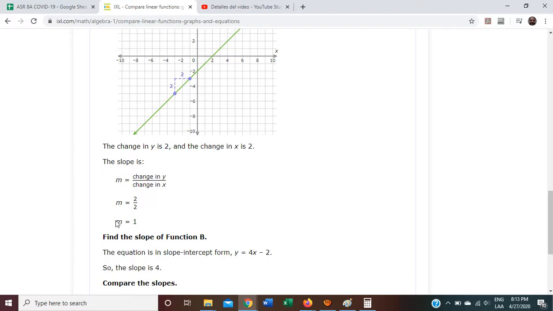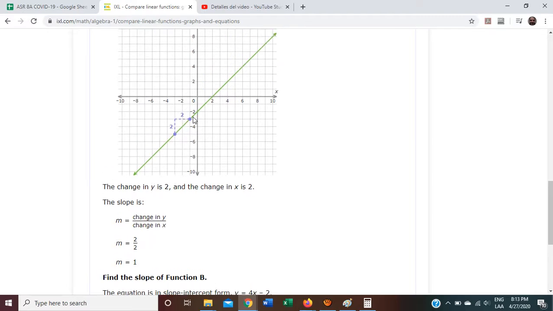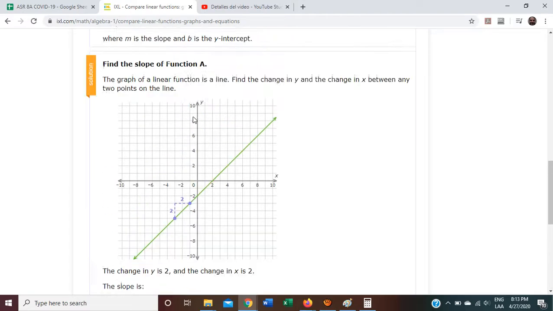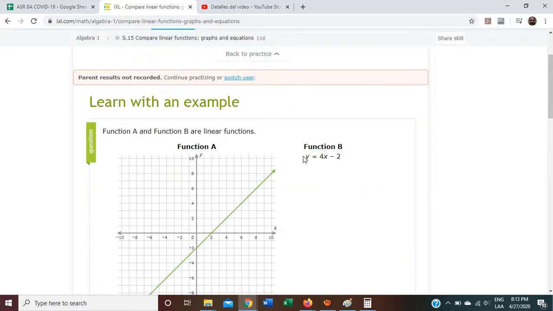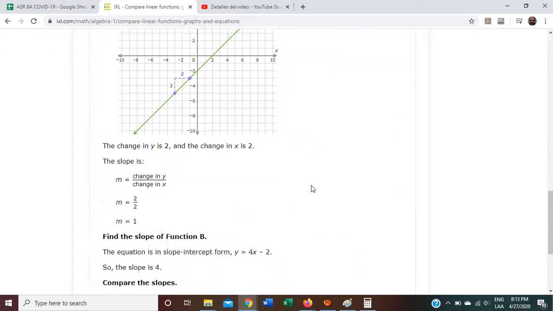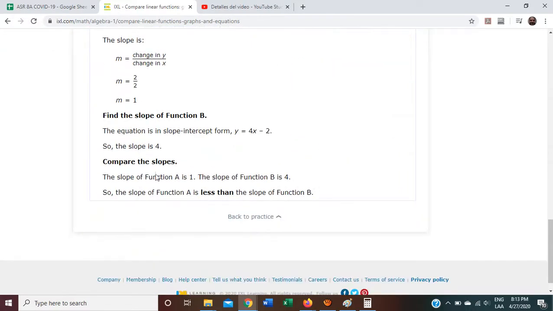Okay, so in this graph, the slope is 1, and in this equation, the slope is 4. So which slope is greater? Function B, right? So the slope of function A is 1, the slope of function B is 4. So the slope of function A is less than the slope of function B.